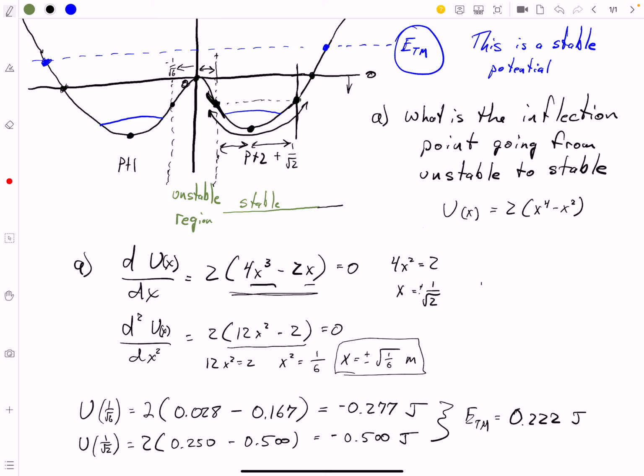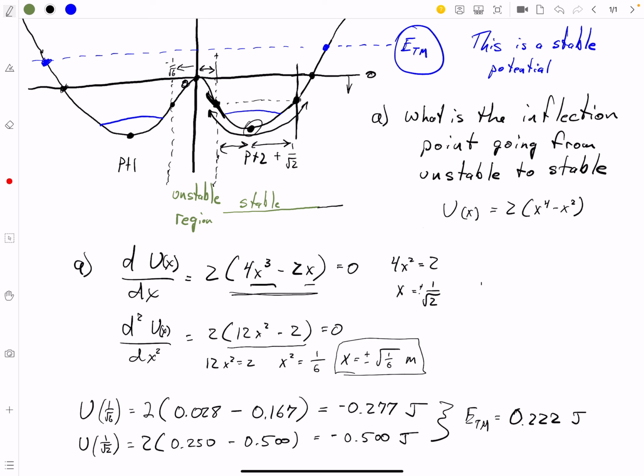Okay? At the very bottom here, that's what our kinetic energy is. And depending on the mass of the particle or marble or whatever it is, we'll have that much velocity.